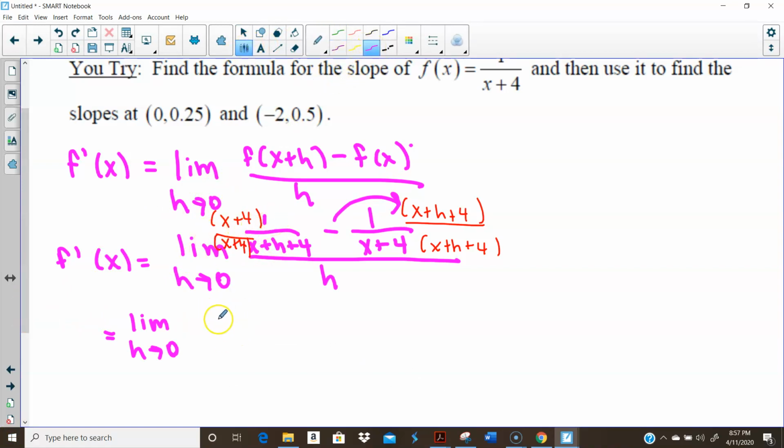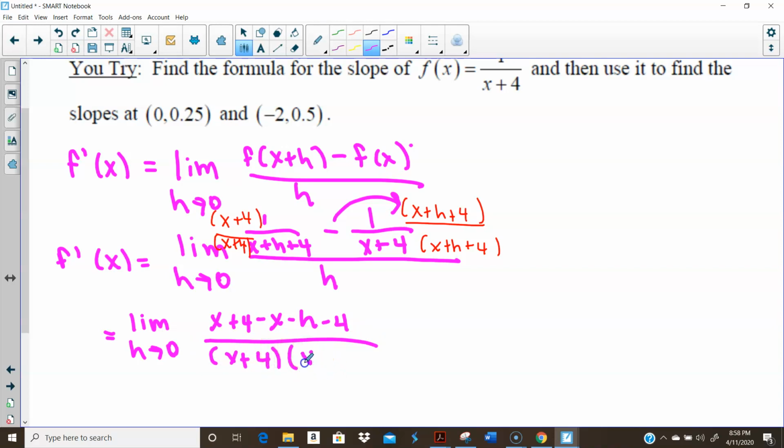x plus 4 times 1 is x plus 4. Subtract this whole thing. So this is negative 1 times this, which is negative x, subtract h, subtract 4. All over the common denominator, x plus 4, and we're not going to multiply out the denominator.